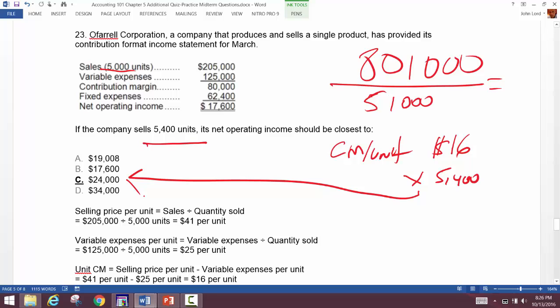Okay, then somebody gave me the wrong contribution margin per unit. 80,000 times 5 is what? Divided by 5,000?